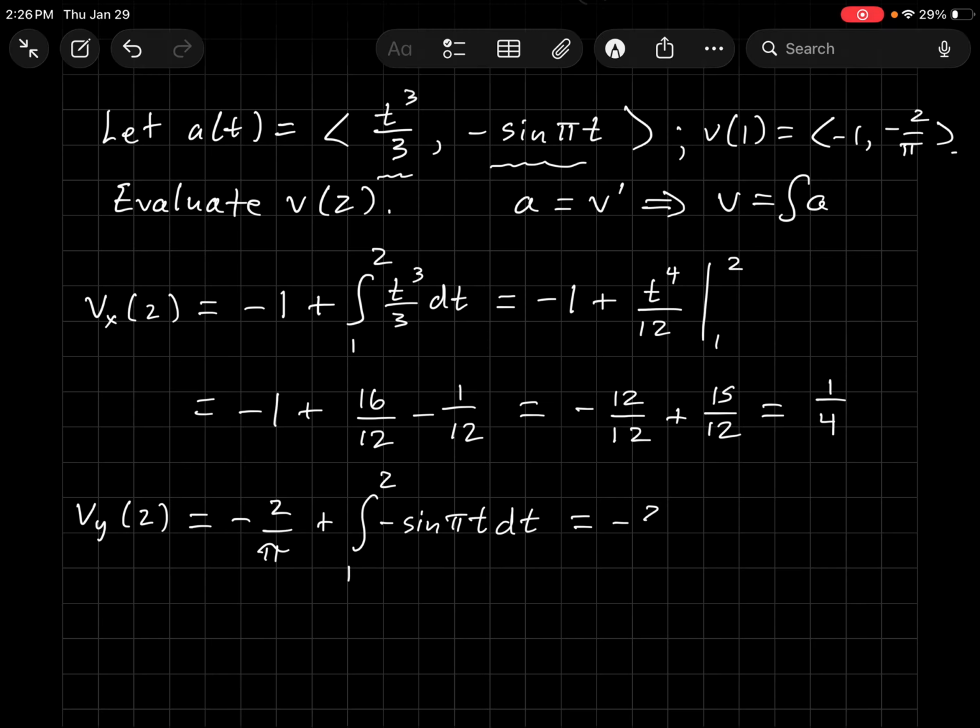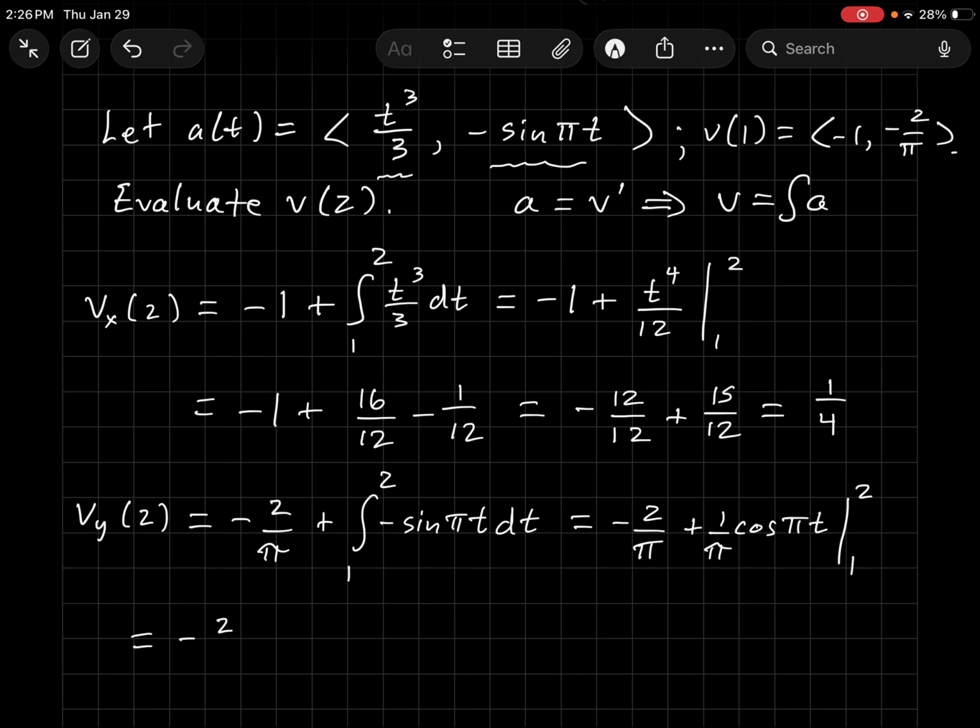which is -2 over pi, and then the antiderivative of negative sine is positive cosine. So cosine of pi t. But it's technically a u sub, so I would need an extra 1 over pi right there, from 1 to 2.